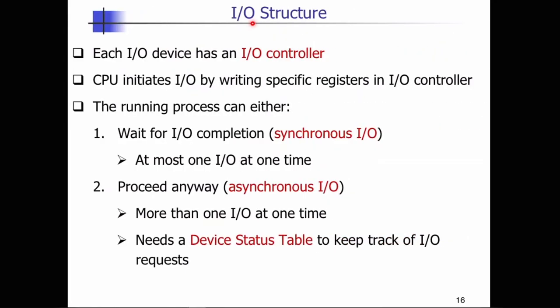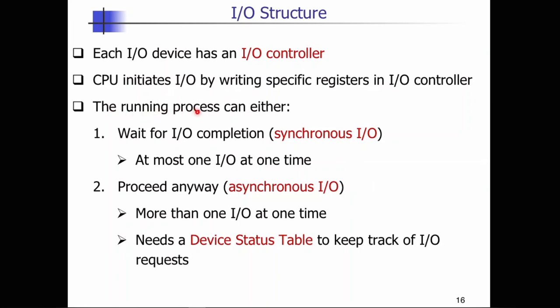So let's take a look at the I/O structure. There could be many I/O devices that are connected to your computer. Each I/O device will have an I/O controller or a device controller. The CPU will initiate I/O by writing the specific registers in the device controller. And once that is done, there could be two scenarios here.